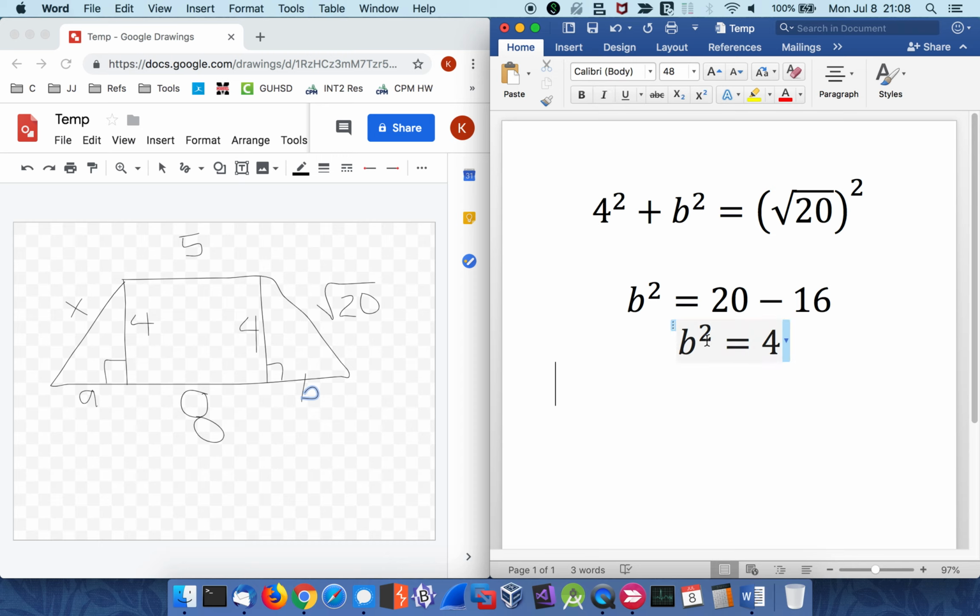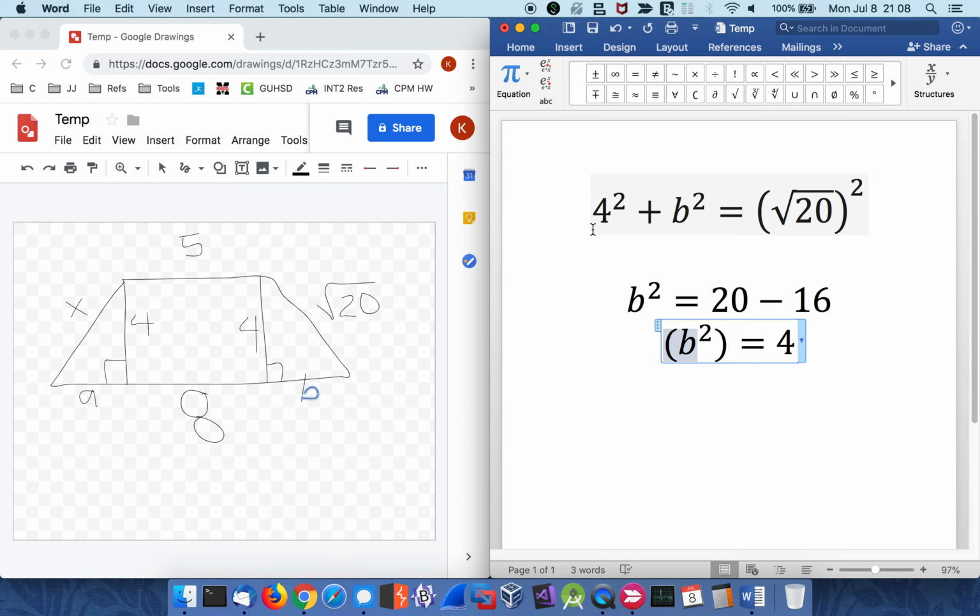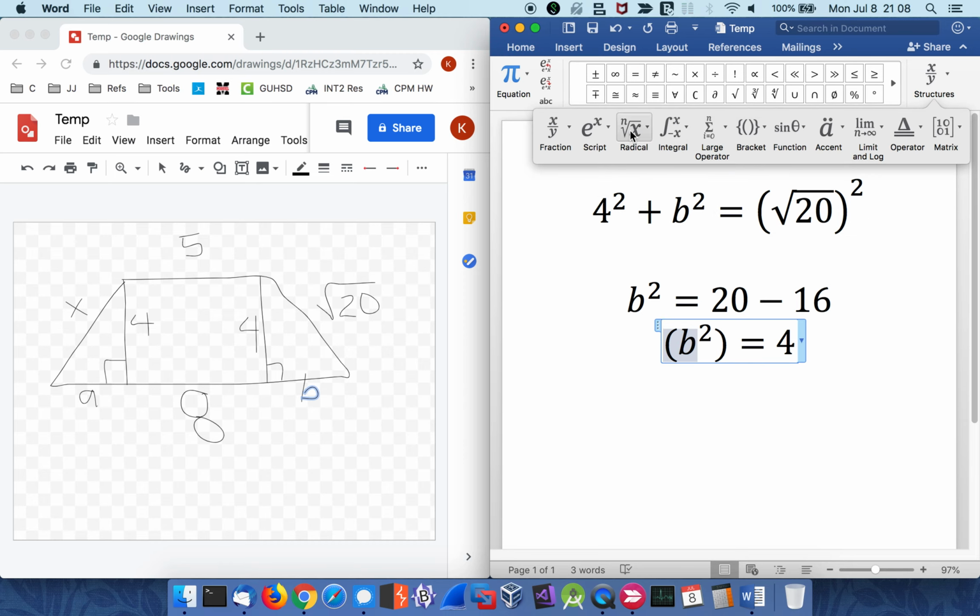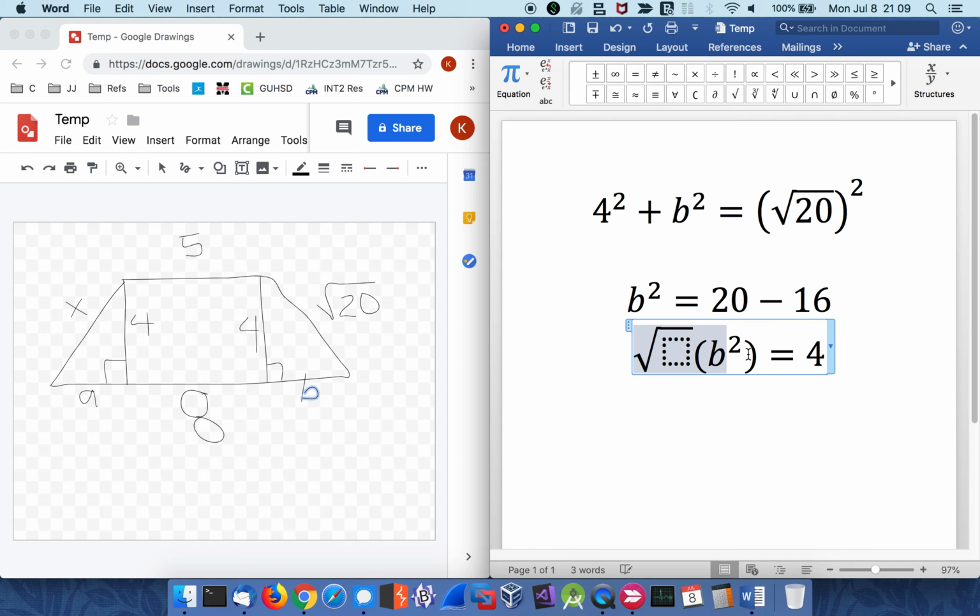Well, how do we get rid of that square? Well, we take the square root of this whole thing. So if I put parentheses around this, and then I take the square root of this thing, how do I do square root of this thing again? Square root, radical, square root, perfect. And then I'm going to move this thing.